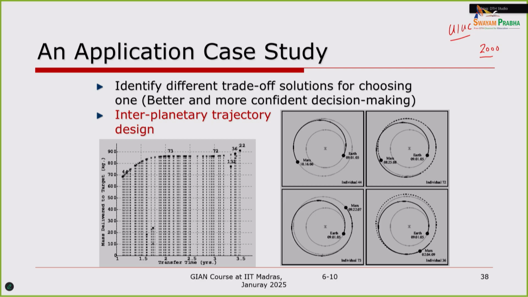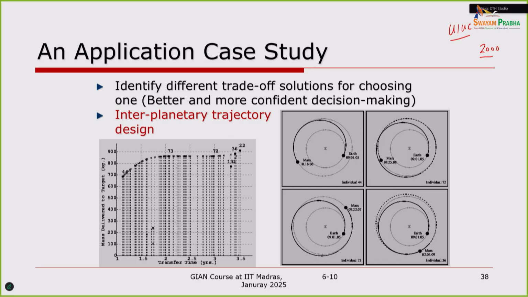They are sending a spacecraft from Earth to Mars. They did it on Earth to Jupiter and various other things in the paper, so I took just one example. They were looking for a window of when to launch, and there were two objectives. One is how much time it will take to deliver the mass to Mars. The second objective was how much mass I can deliver.